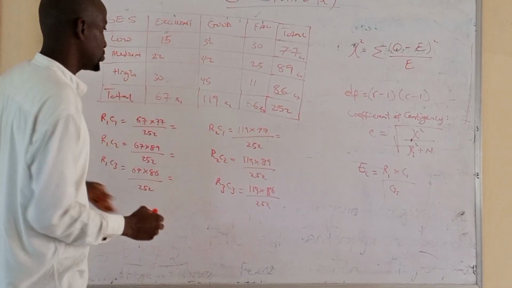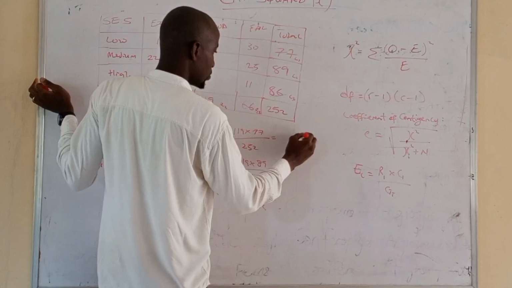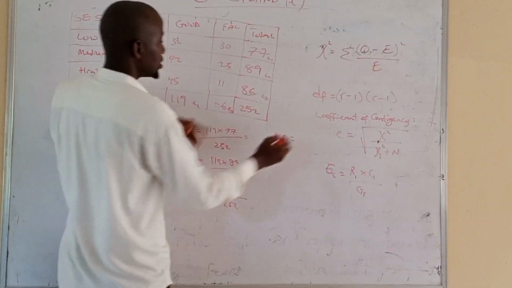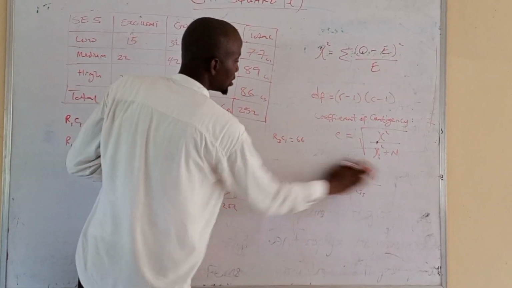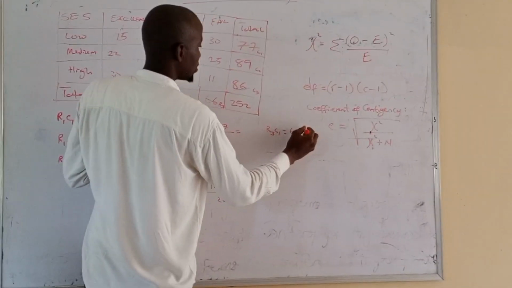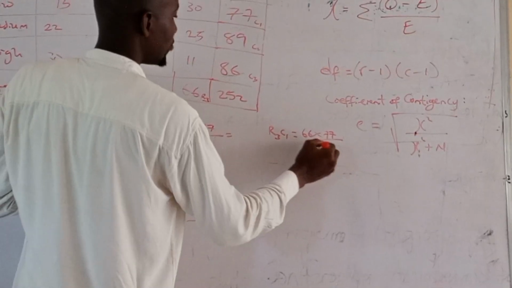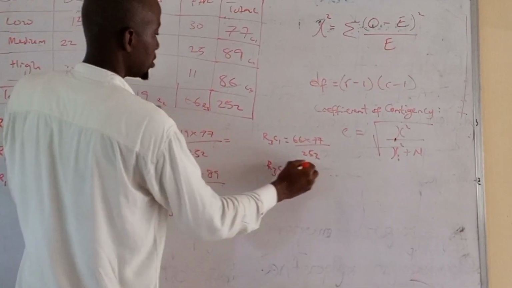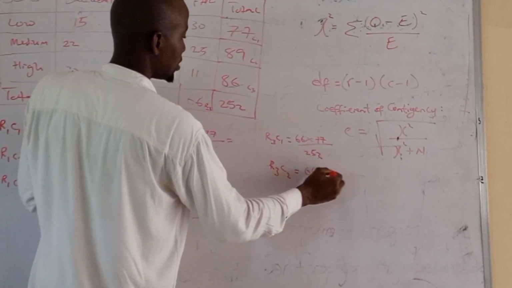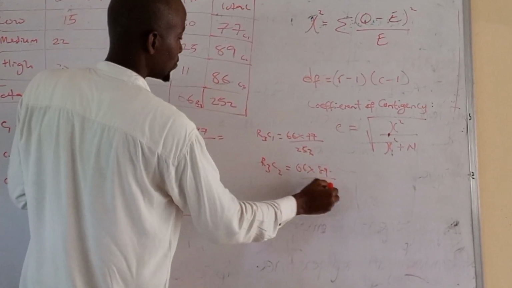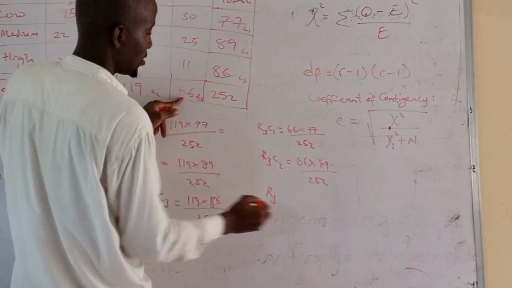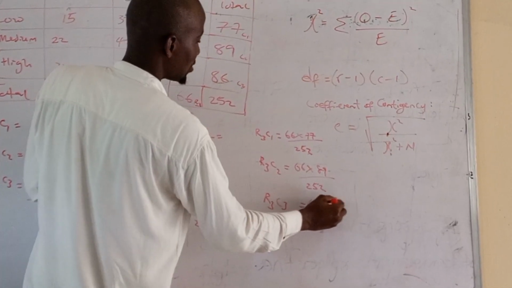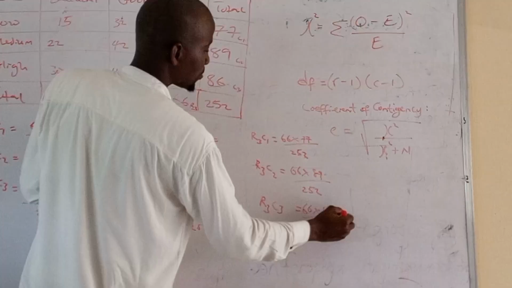Then the third row: row 3, column 1 is 66 times 77 divided by 252. Row 3, column 2 will be 66 times 89 divided by 252. Row 3, column 3 is 66 times 86 divided by 252.